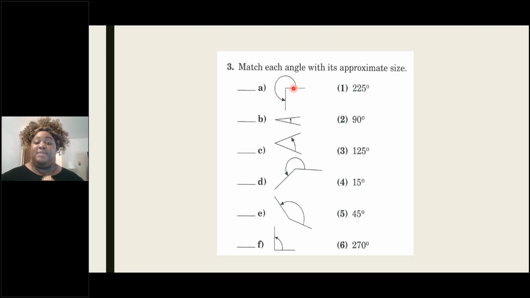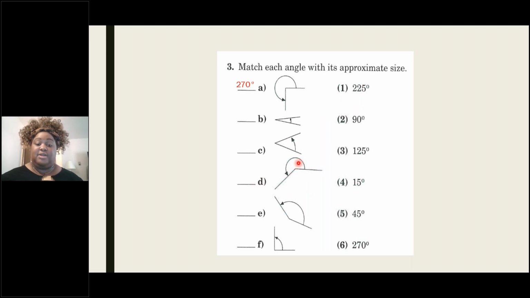So I want to look for a number that's as close to 360 out of all of these. So in this case, that angle would be 270. It's a reflex angle. It's more than 180, but less than 360. And then since we have one more that is that reflex angle, I will look here at D.